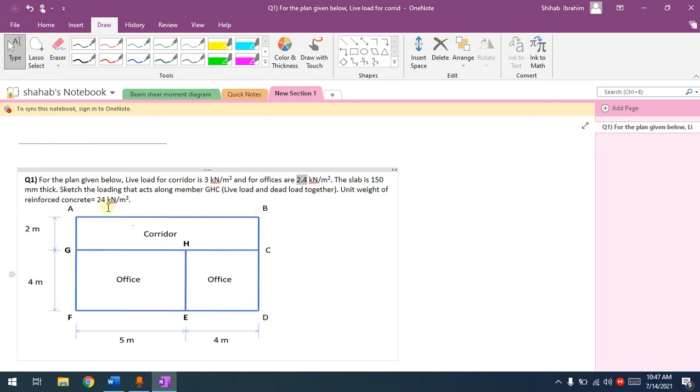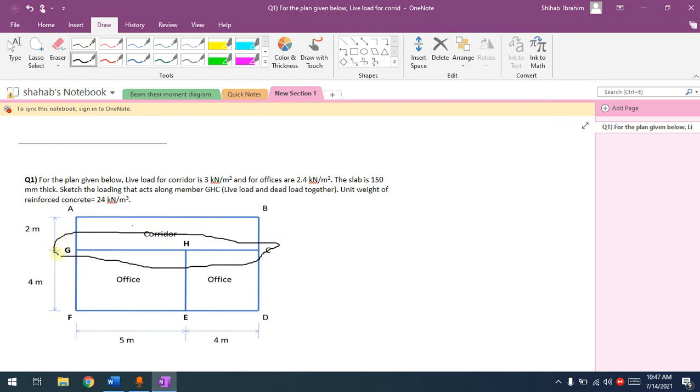The blue lines correspond to the beams, and it says sketch the loading that acts along member GHC. So it's requested to draw the distribution of the load over this beam, live load and dead load together, so we have to add them together.